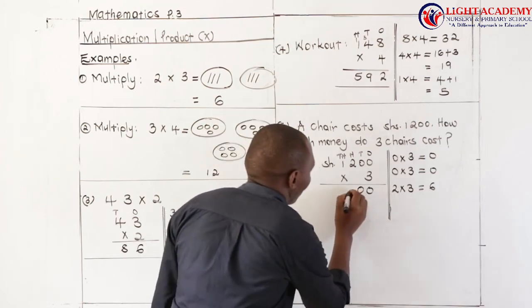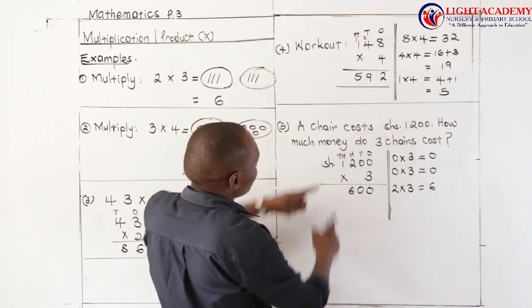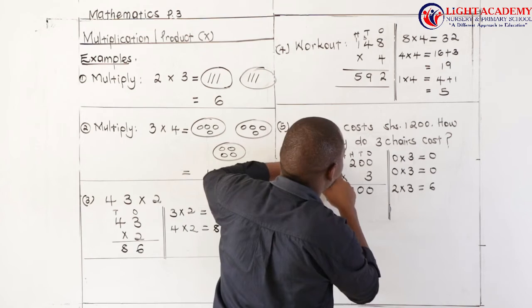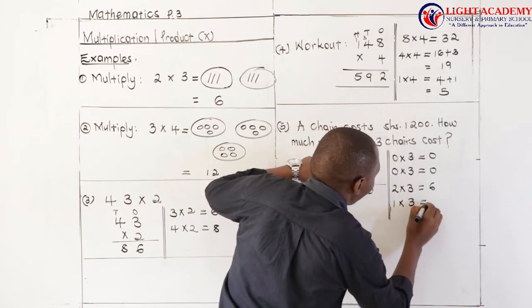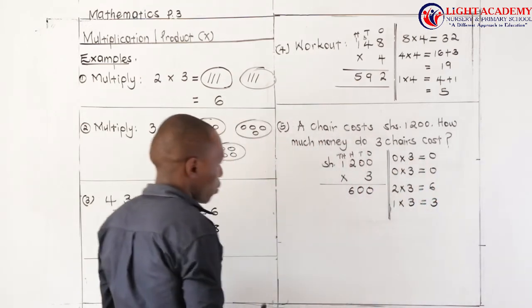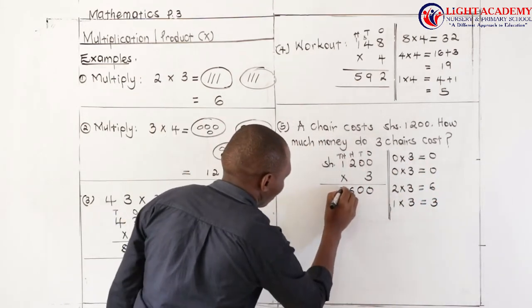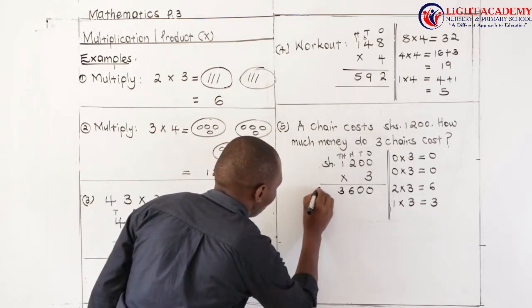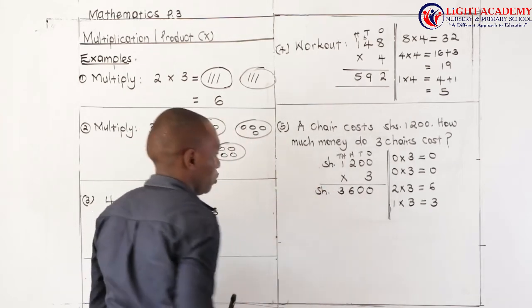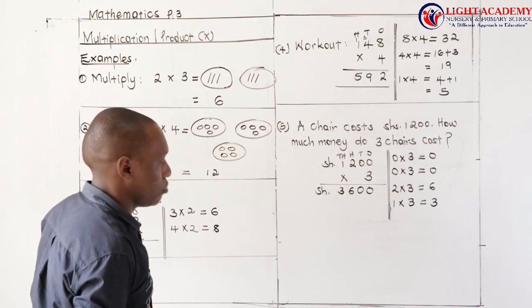So I put 6 under the hundreds place value. Under the 1000s place value, I'm having 1000. So I will say 1 multiplied by 3. The answer I get is a 3. So I'll write my 3 under the 1000s place value.